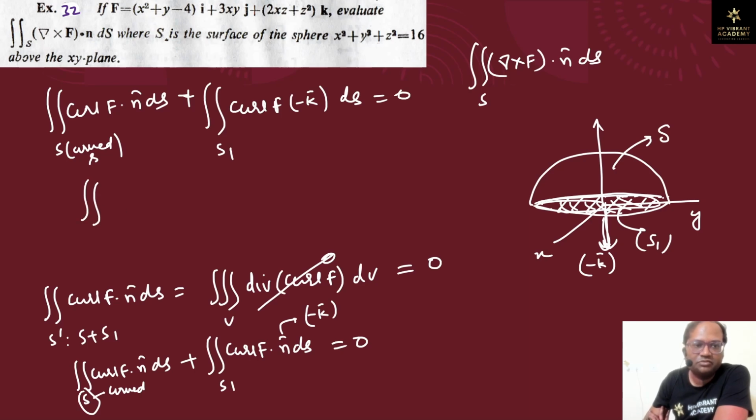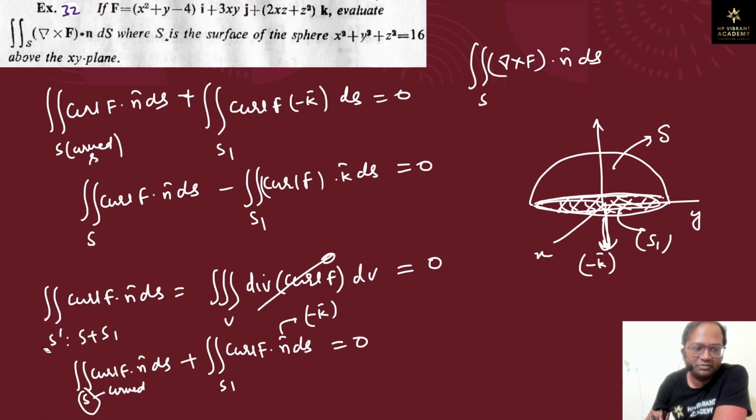So this is equal to the integral along the surface S of curl of f dot n cap ds, minus the surface integral over S1, the planar surface, of curl of f dot k cap ds, is equal to 0.